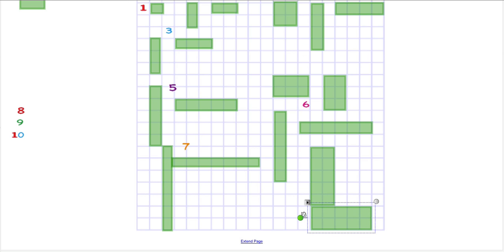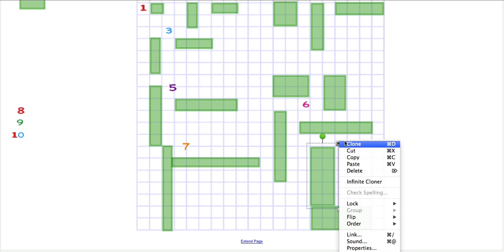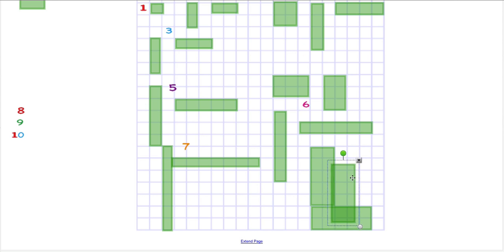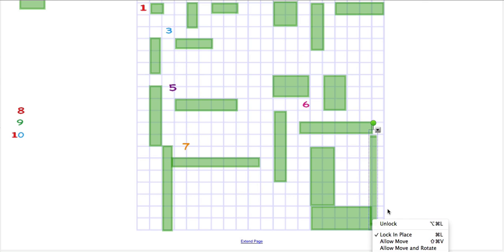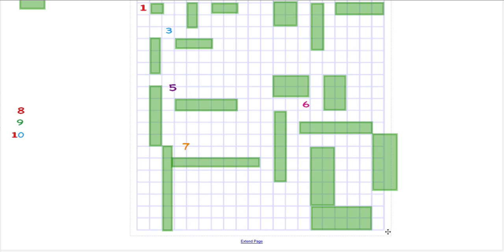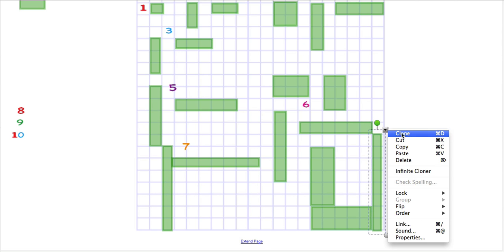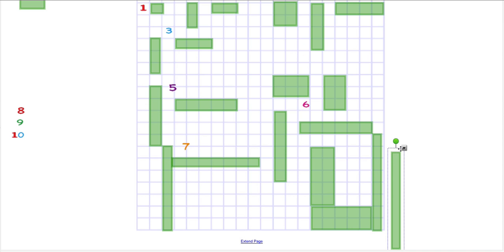We can even do a 1 by 8 rectangle: 1, 2, 3, 4, 5, 6, 7, 8. That works. One way, and then we can also let it lie down.